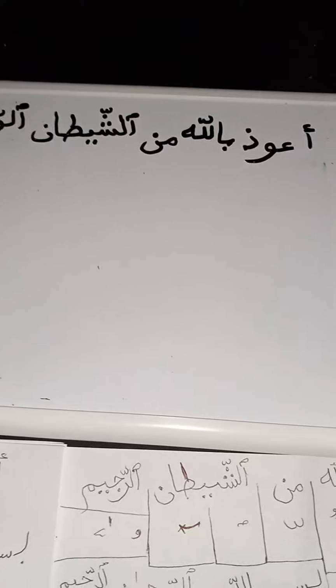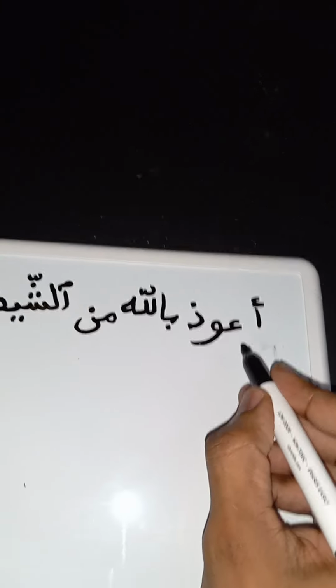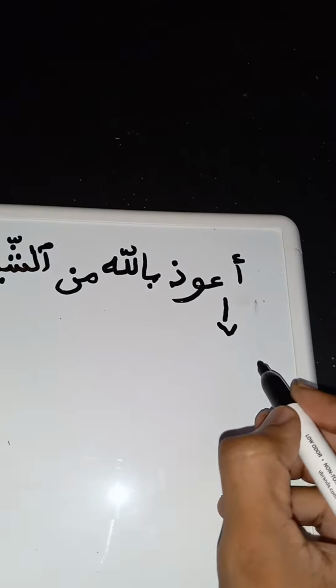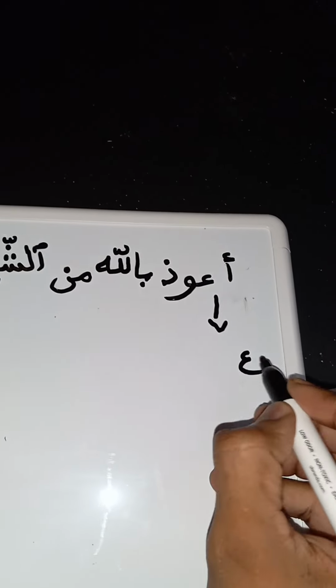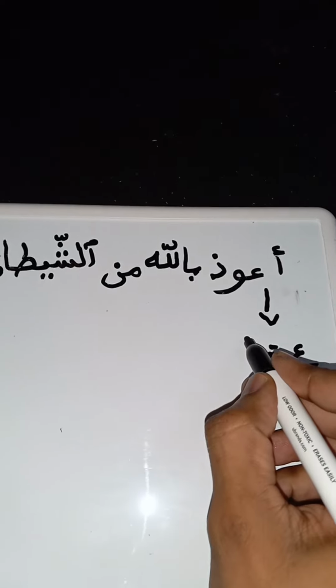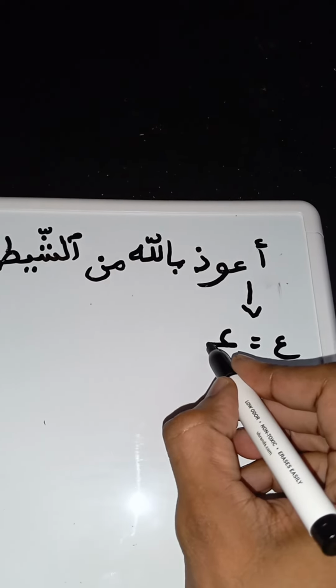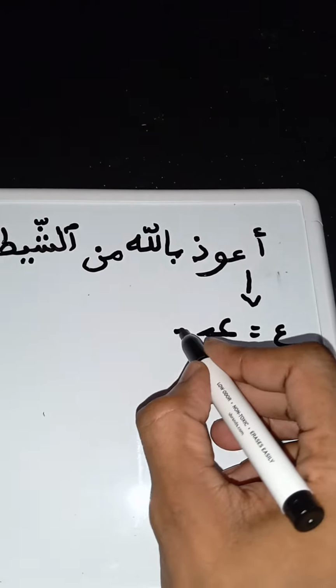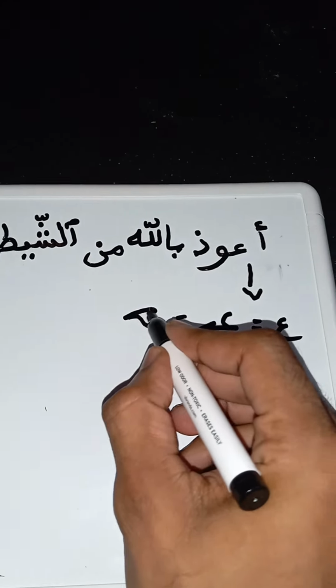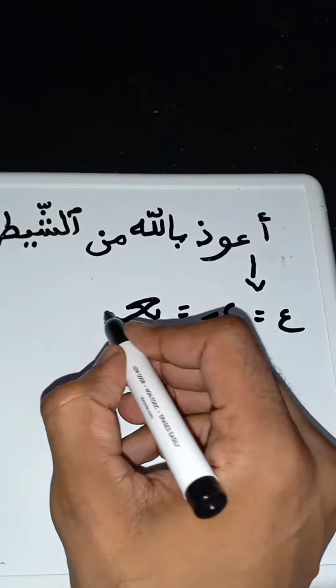So in the first sentence, we have the letter Ayn. This letter Ayn, it is very important to understand its forms. The Ayn is naturally like that when it's alone. At the beginning of the word, it looks like this. In the middle of the word is probably what everybody has issues with.